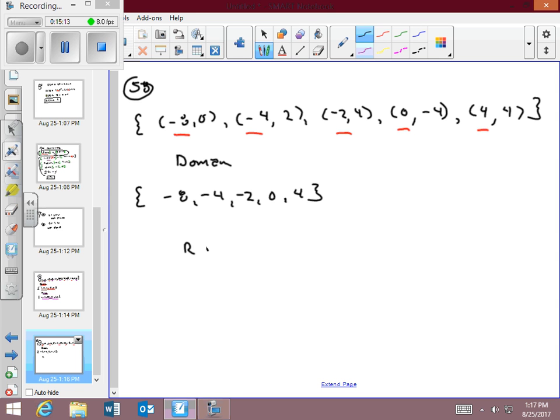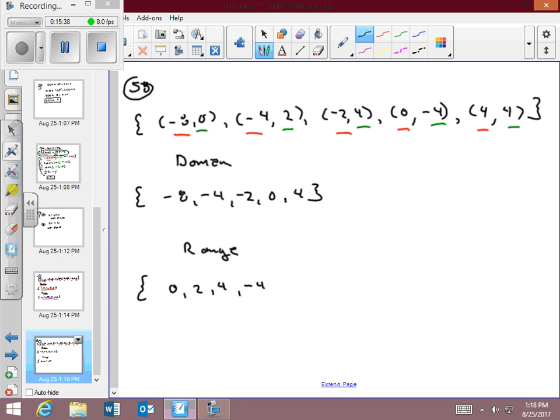The range, and that's going to be the second ones: 0, 2, 4, minus 4, 4. So we go 0, 2, 4, minus 4.